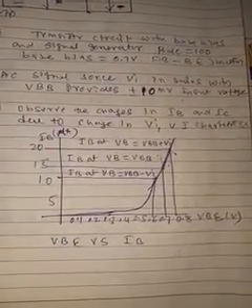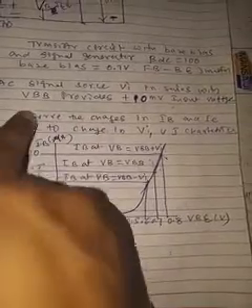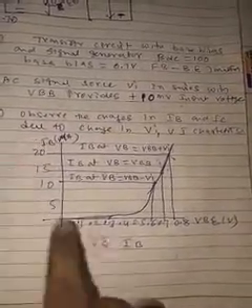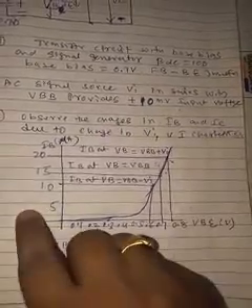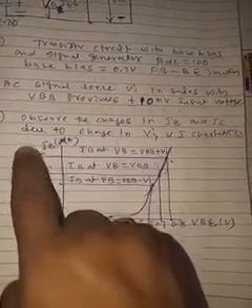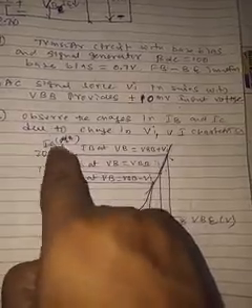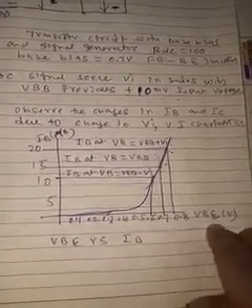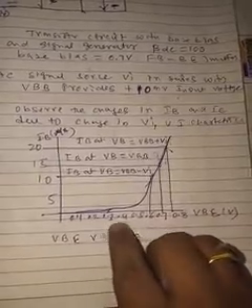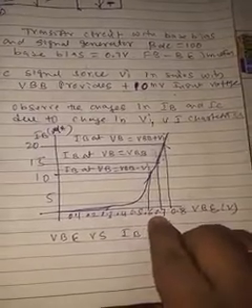These characteristics show VBE versus IB. IB is on the y-axis and VBE is on the x-axis. 5, 10, 15, 20 is the base current in microamps, and for VBE we have 0.6, 0.7, 0.8.